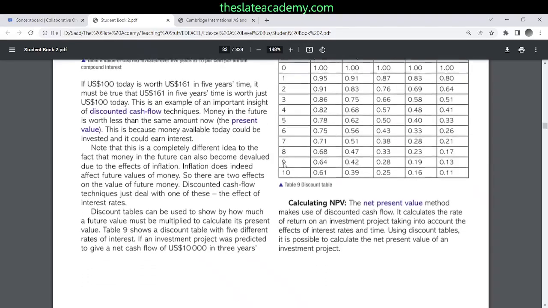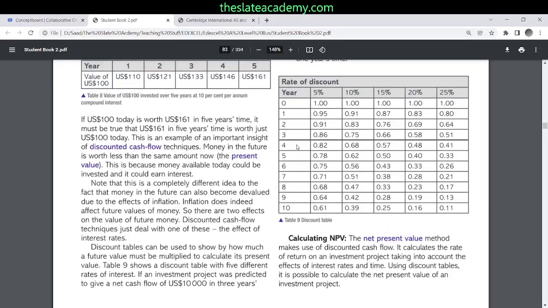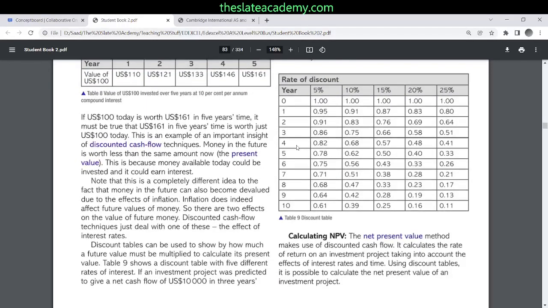All right. So the way we use it is, for any given question, we would be told the respective discount rate applicable. For example, it would be said it's 5%, 15% or 20%, and then throughout that project for which it is said that it's this percentage, we'll just be using that particular column.